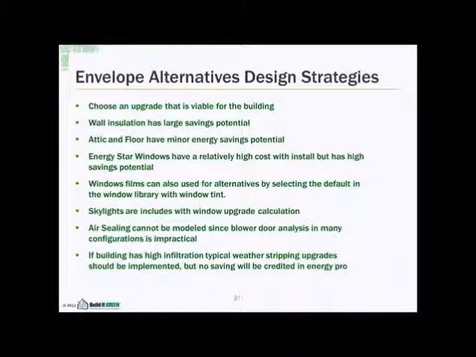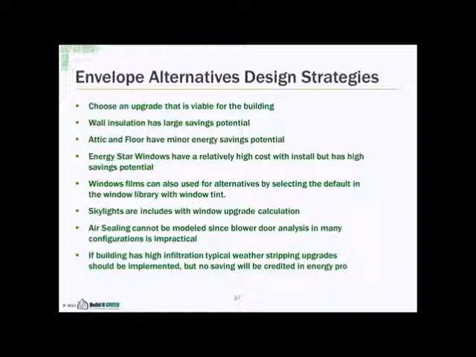Wall insulation has the biggest savings potential that I've seen. Attic and floors have relatively minor energy savings potentials. I know Manual J shows me huge load reductions, but with EnergyPro, it looks at insulation improvement as it relates to the HVAC systems.